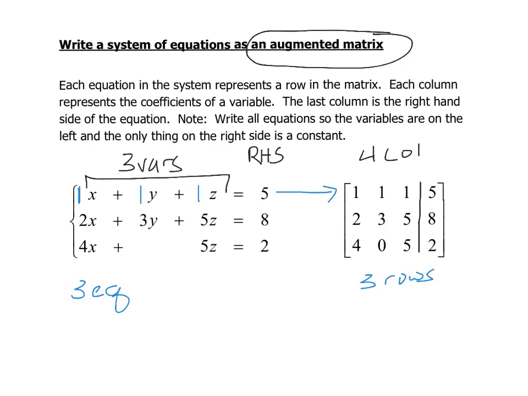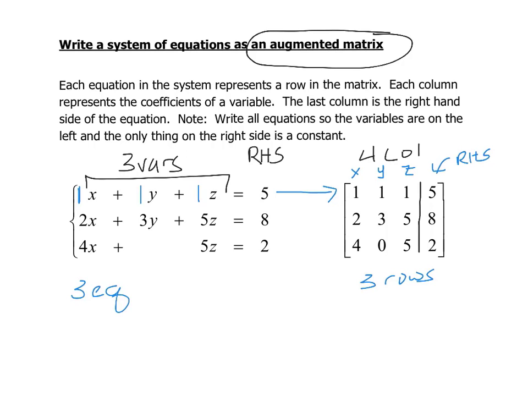What we're putting is the coefficients of our variables and our right-hand side. This first column is the x variable coefficients. The second column is the y coefficients. The third column is the z coefficients. And the last column is our right-hand side.